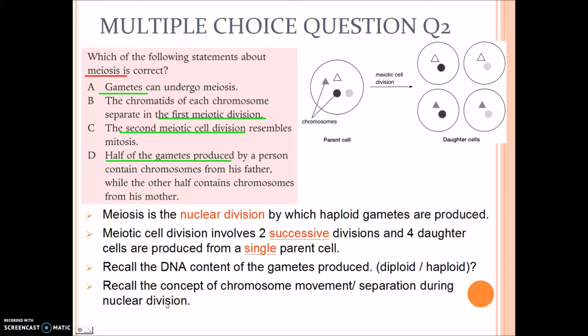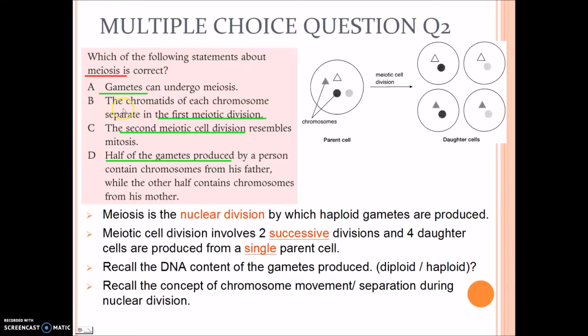That's the very key concept in MC question 2. For option A, the gametes can undergo meiosis. Make sure that you know the cause and the effect. We can produce gametes by meiotic cell division.